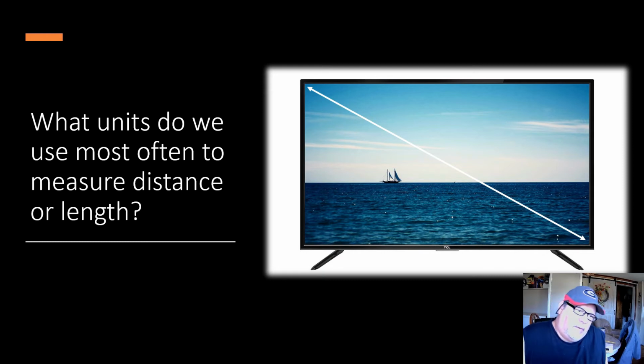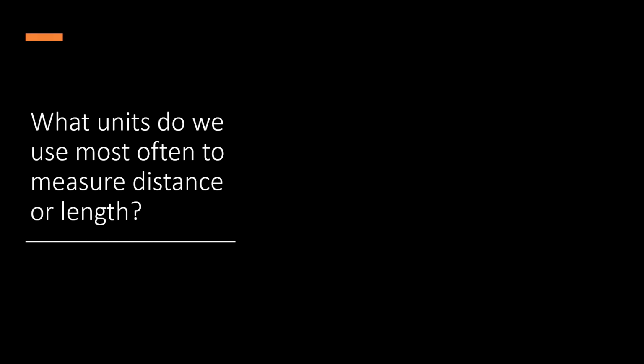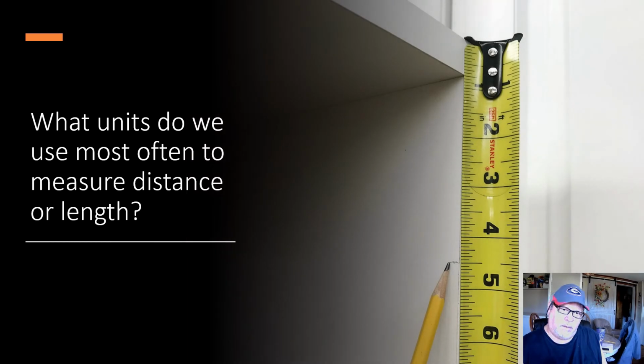Now you're measuring the TV. How big is it? How do you measure it? What kind of measurement are we having to use here? So we measure down, probably putting a hinge on a cabinet.